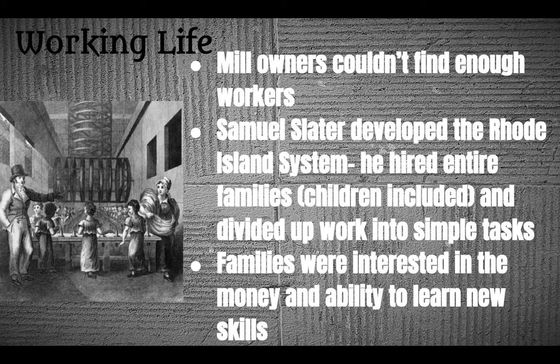So this guy, Samuel Slater, who is the one that we talked about, the British guy who secretly brought over those plans from Great Britain, he develops a system called the Rhode Island system. And basically, his strategy is to hire entire families to come and work in his factories.